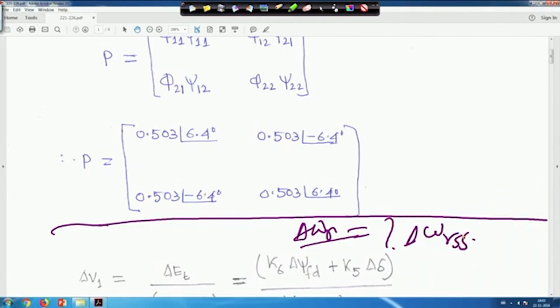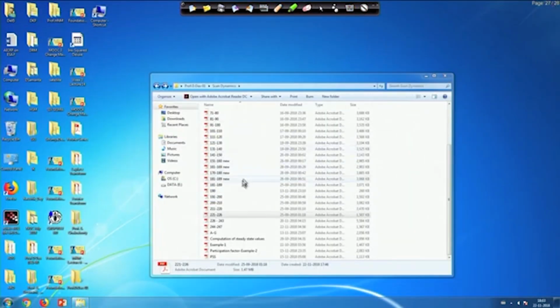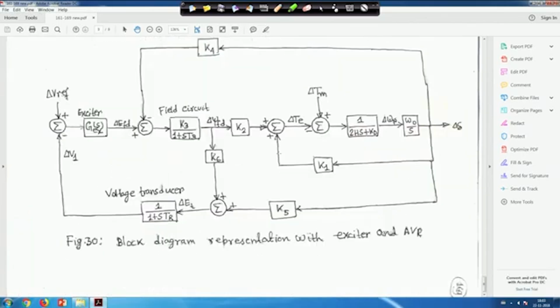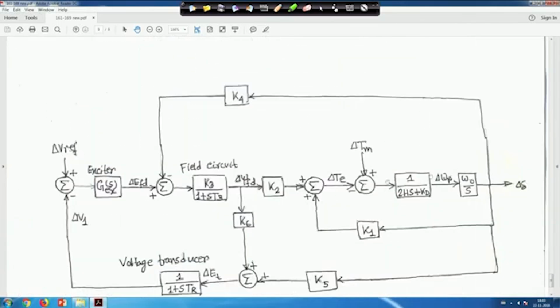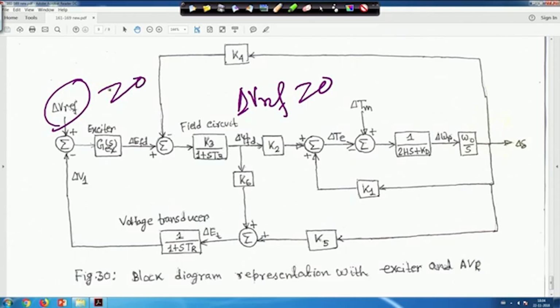For this we will go to figure 30. So, in this case, for delta V reference you take 0, that means this value we will take as 0, and then this delta T m we will take as a step input.